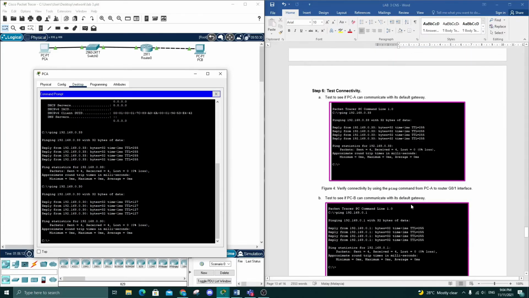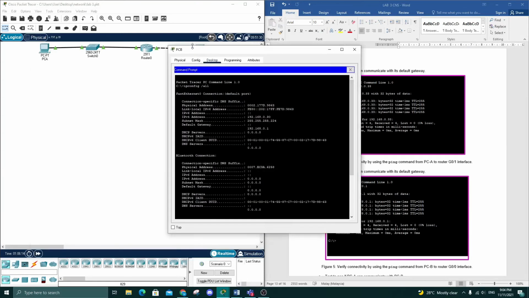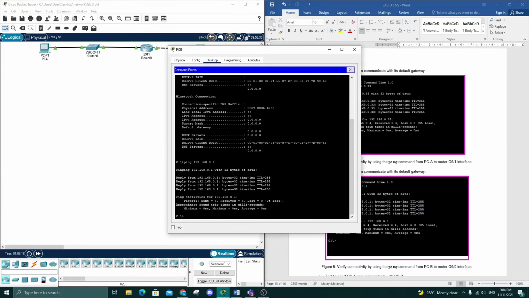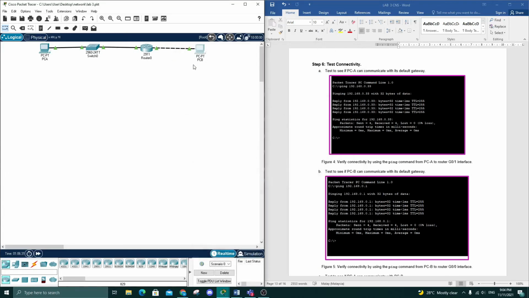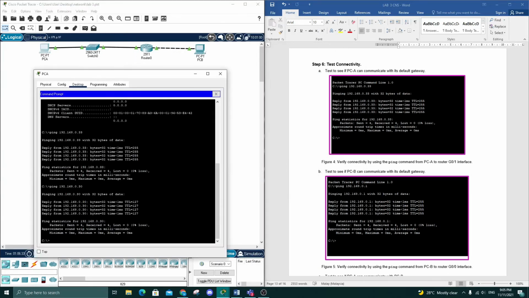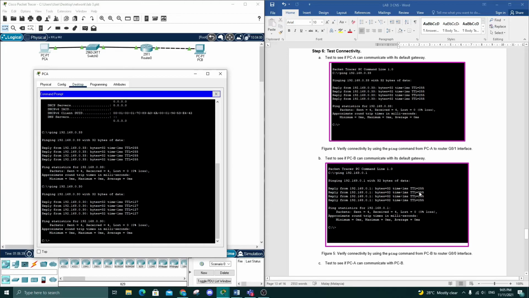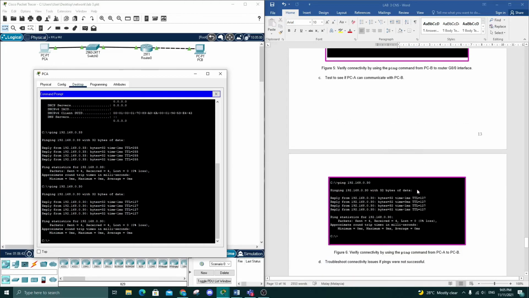After that, from PCB to router, this is G0/0, the IP address is 101, and we got reply from it also. After that, from PCA to PCB, so PCB is 192.168.0.30, and we got the reply of it. So all the pings are successful.